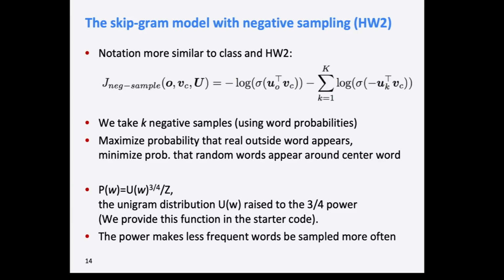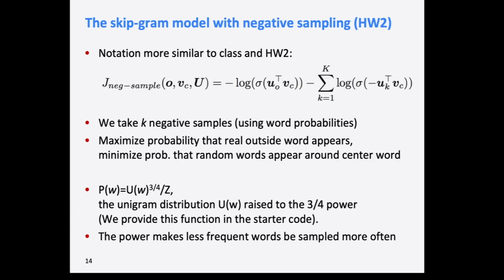I said we sort of sampled some words to be the negative samples. They in particular propose a sampling distribution that helps them along a little in partly dealing with this problem of very frequent words. So the starting point of how you sample words is you use what we call the unigram distribution. So that just means you take words in a large corpus and count up how often each one occurs just as a count of independent words.